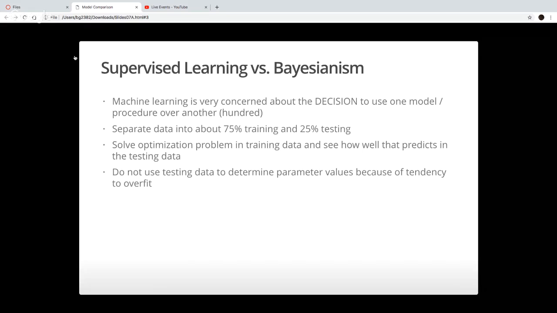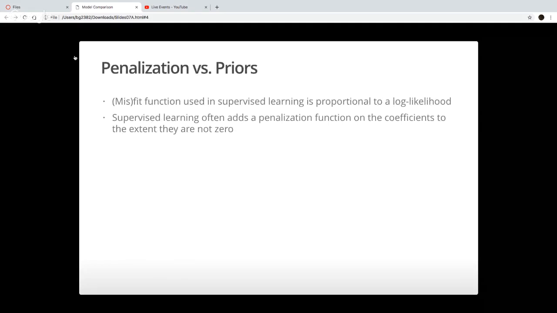Okay, so how does that relate to the Bayesian approach? The misfit function that is often being used in supervised learning, like sum of squared errors, or if it's a classification problem, like the log of the probability of success, those are almost always proportional to some log likelihood function. So if it's sum of squared errors, that is proportional to a Gaussian log likelihood.